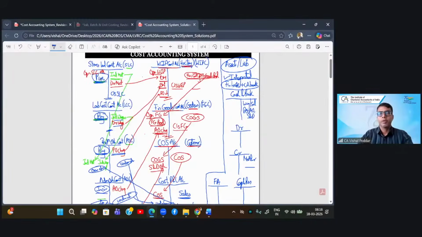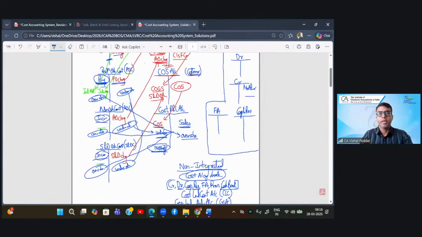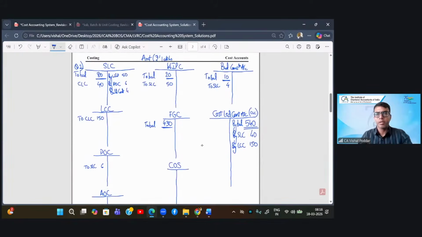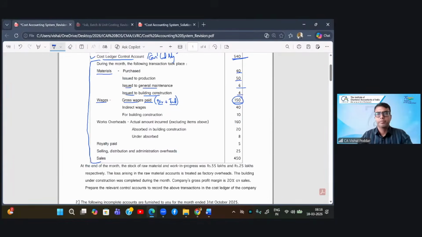That is what I'm doing right now. And later when overheads come, again I'll debit the respective overheads account and I will credit all the overheads paid or incurred here in the CLC account. Same thing I'm doing right now. So first, wages gross, direct and indirect, both are posted. Now comes the interesting part.